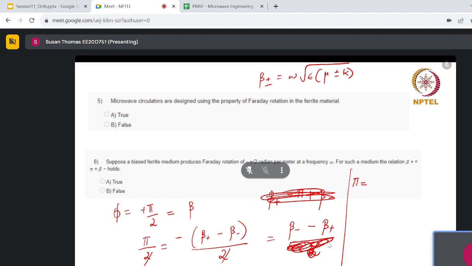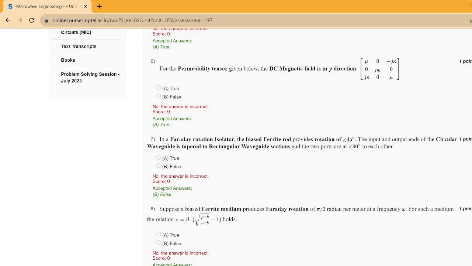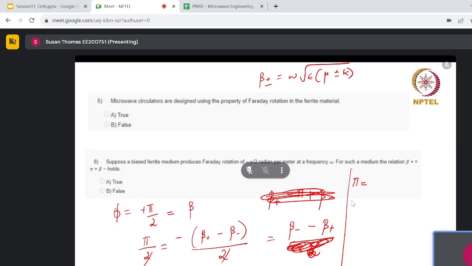So if you have noticed, there is a small thing here. I think my screen is visible. My question is plus pi by 2. So what do we get if it's plus pi by 2?